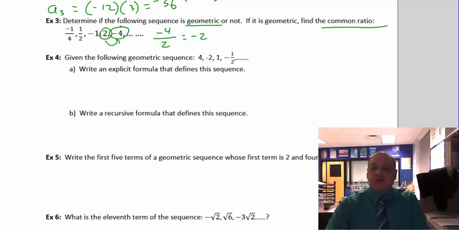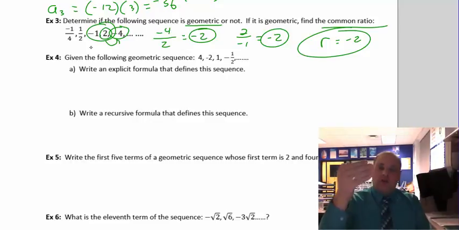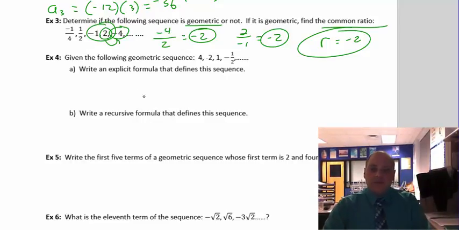Let's just check to make sure it works. Now do these two. 2 divided by -1. That is also -2. Do they match? Yes, they do. So it appears that R is going to be -2. You could do that all the way across. Just divide 2 consecutive terms, the last one divided by the one before it.